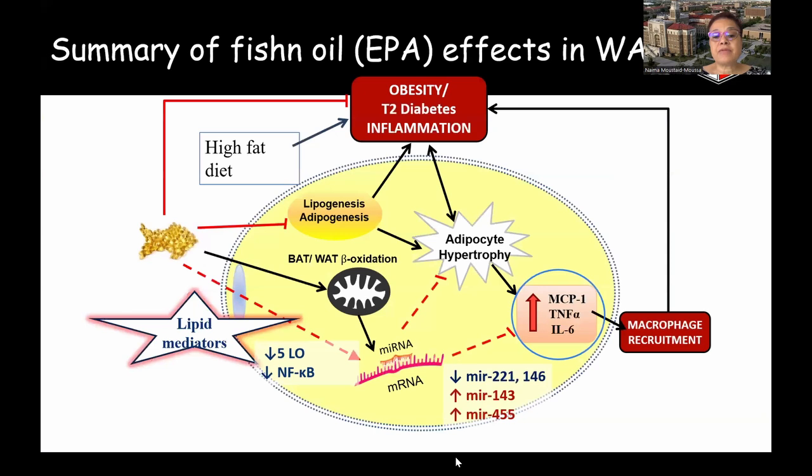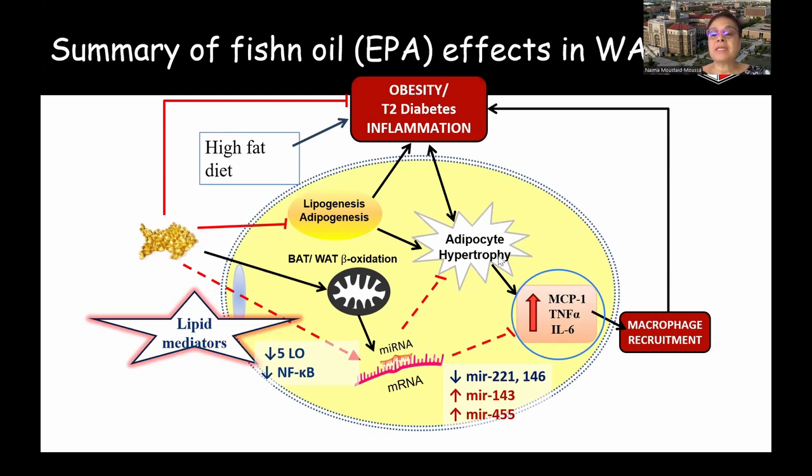This is just an example of some of the work that we have done with fish oil and its anti-obesity and anti-inflammatory mechanisms. Here we use mainly for our research mice that are induced to become obese and diabetic with a high-fat diet, high-caloric diet. And when we supplement these diets with fish oil, it can activate brown fat, promote more fatty acid oxidation, and can block fatty acid synthesis or adipogenesis and lipogenesis in adipose tissue, leading to smaller adipocytes.